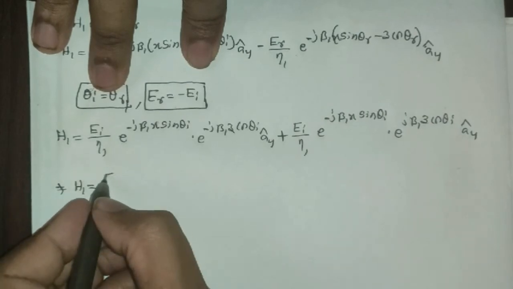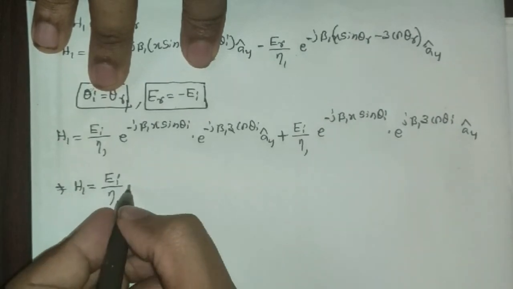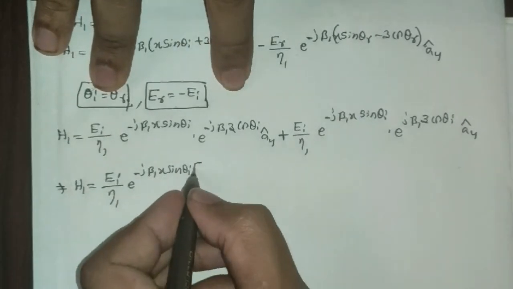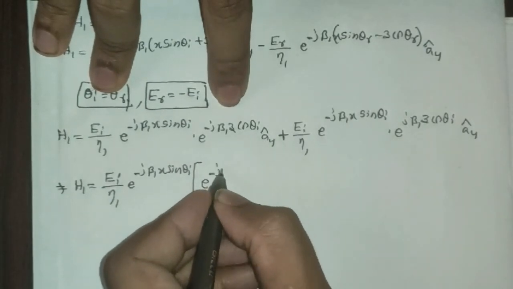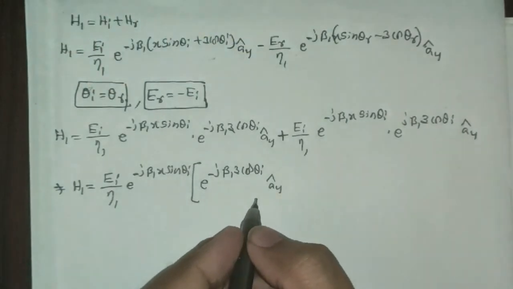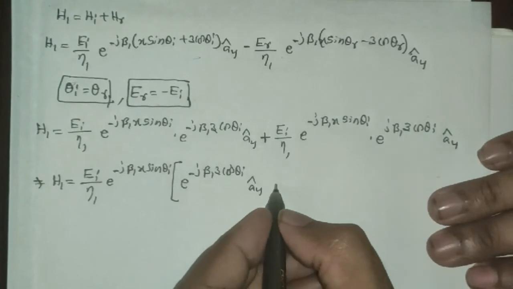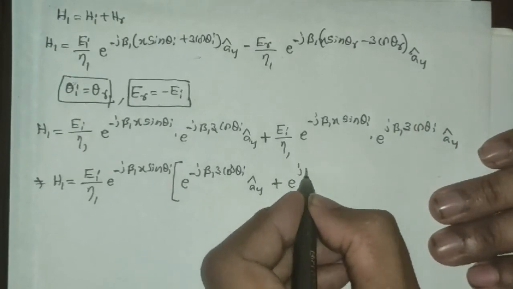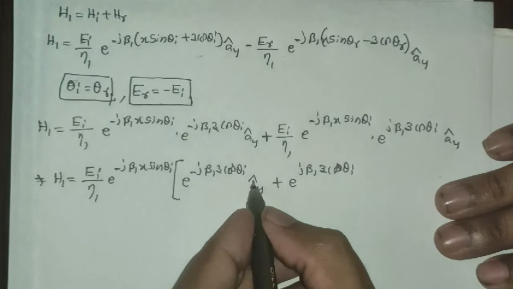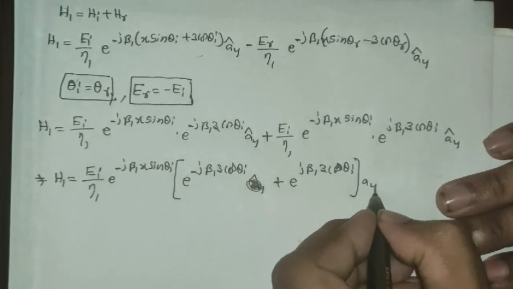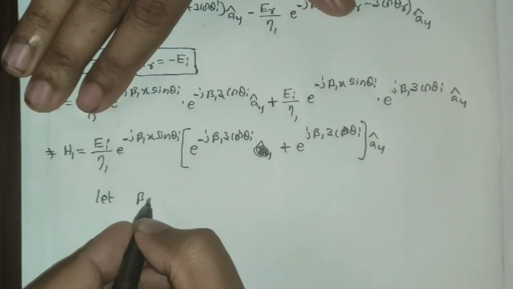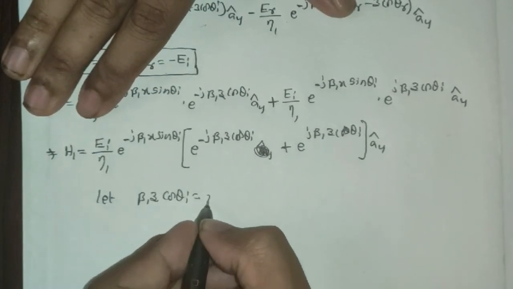Total magnetic field equals EI by eta 1 into e to the power of minus j beta 1x sin theta I into e to the power of minus j beta 1 z cos theta I plus e to the power of j beta 1 z cos theta I, taking ay cap common out of this. So let beta 1 z cos theta I equal p.